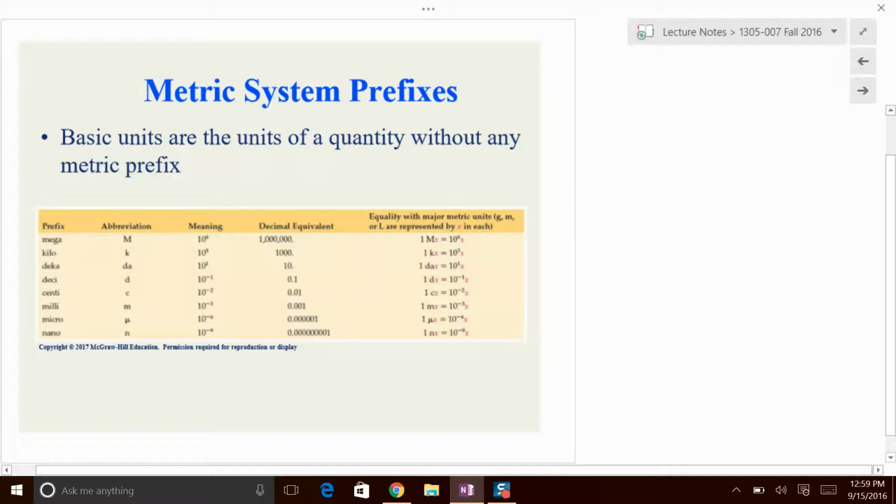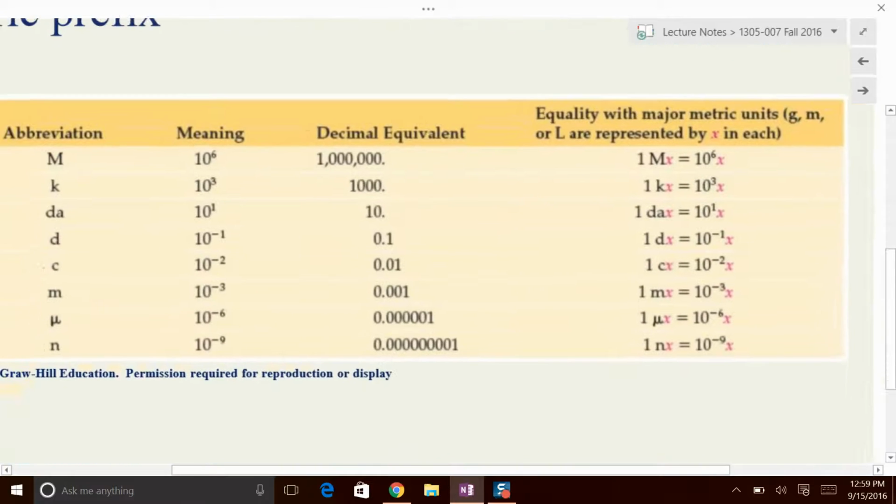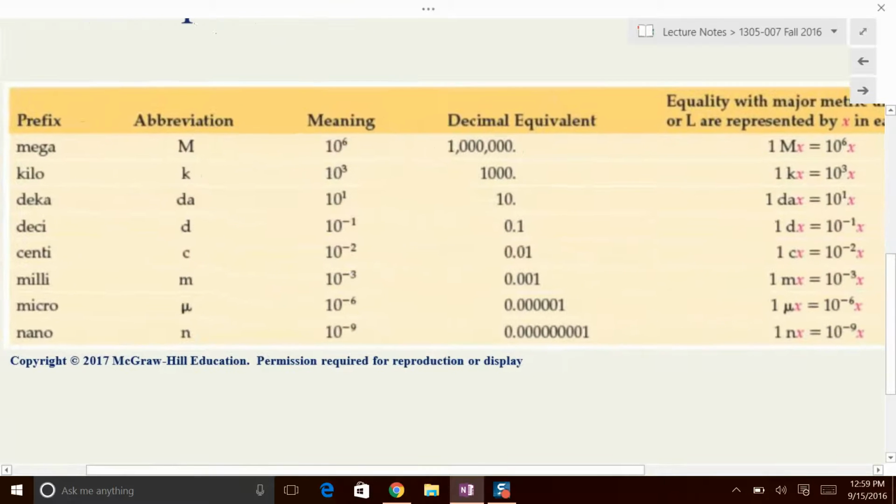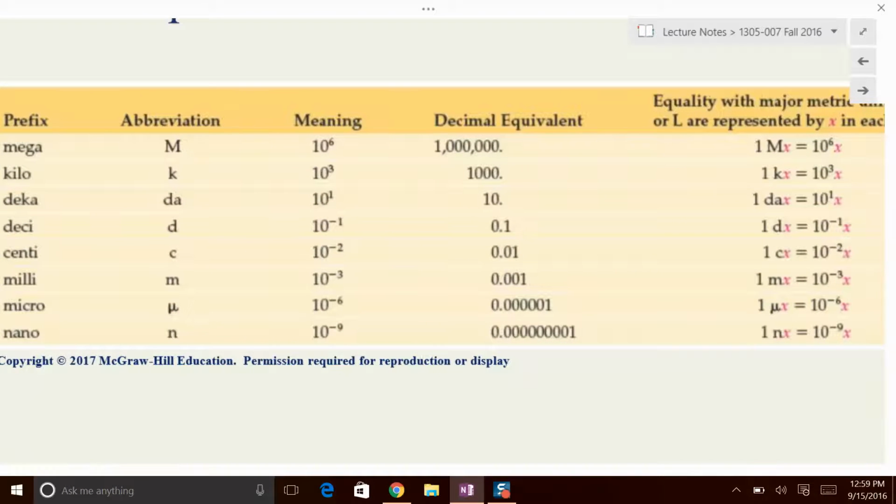Okay, and these are the prefixes that we would use within the metric system. Things like mega and kilo and deca and deci. You're probably familiar with mega, kilo, even giga now, gigabytes, right? Terabytes.